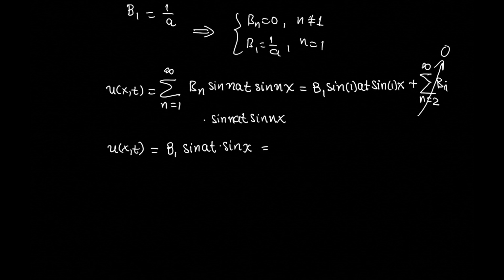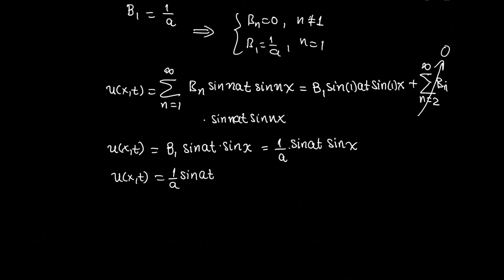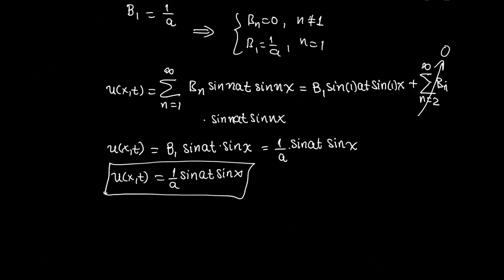Then what is b1? 1 over a. So your general solution in this case is just u(x,t) equal to 1 over a sine at sine x. That's your general solution.